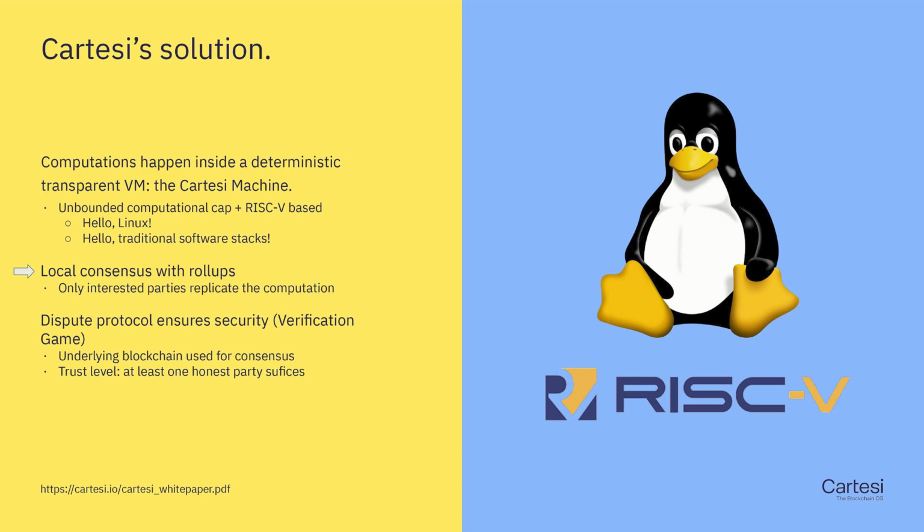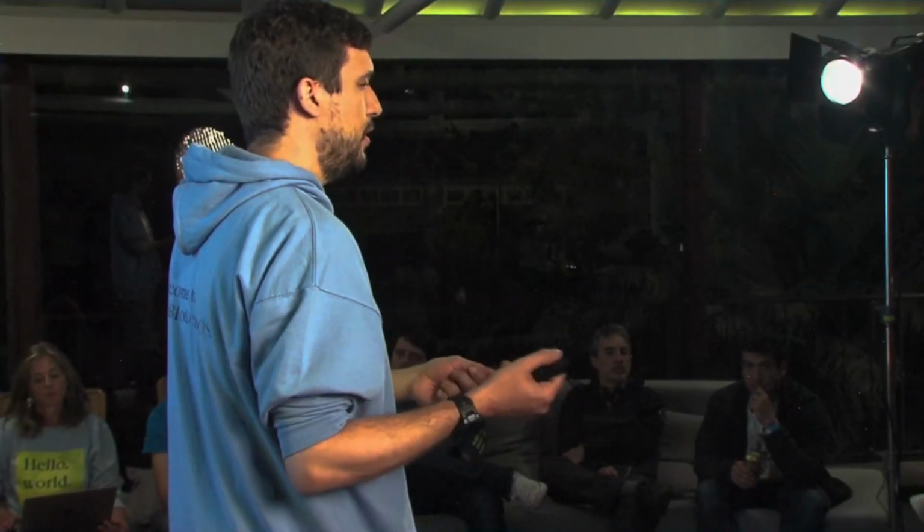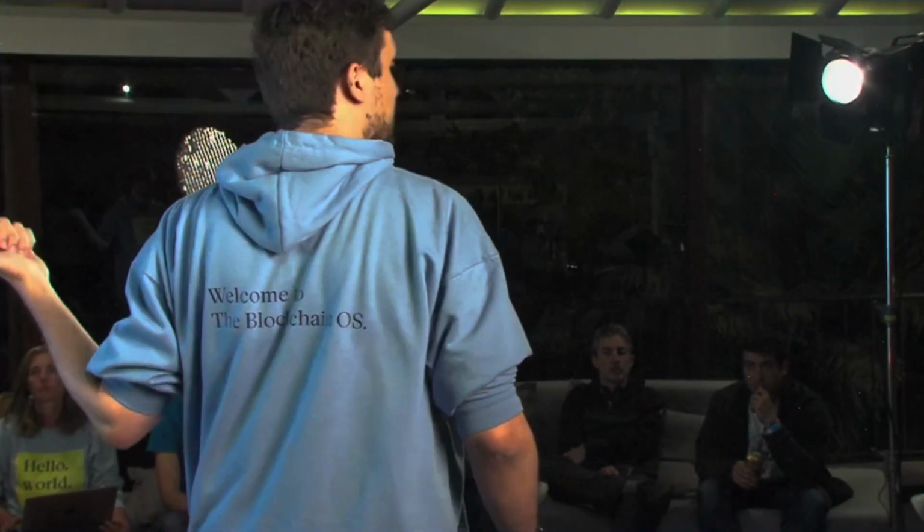And as you know, if you have a computation that you don't have thousands of nodes handling, let's say 3 or 4 people, it's really easy for you to convince like 1 or 2 guys to lie and tamper with the computation, which is why our protocol doesn't rely on this local consensus of the few people that are interested in the computation. It actually runs on top of the consensus of the underlying blockchain.